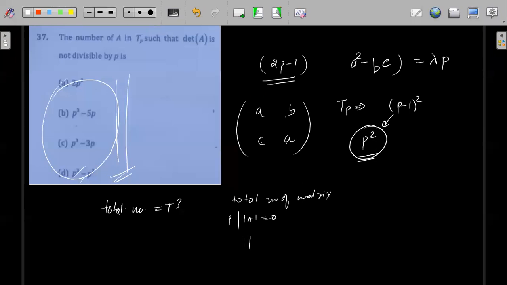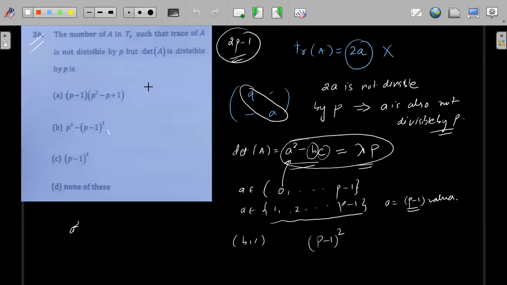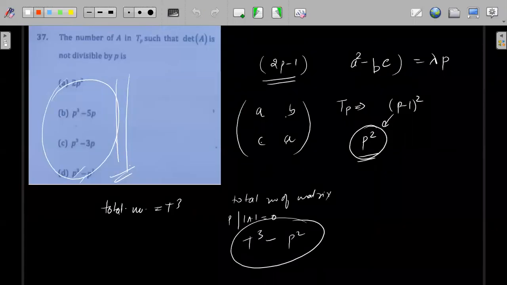So T cube minus P square. From the second option only, because here we have found the trace is not divisible, so then you have to find the total number of determinants which are divisible by P, right? But if in the third case we are saying that for any trace find the total number of determinants, the total number of cases will be P square, right?